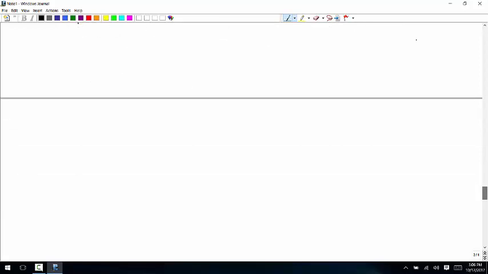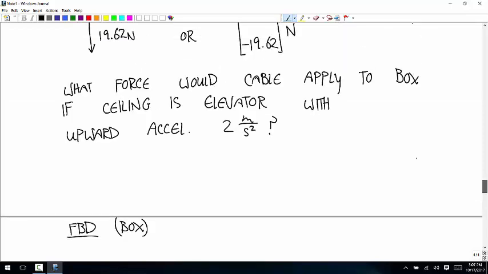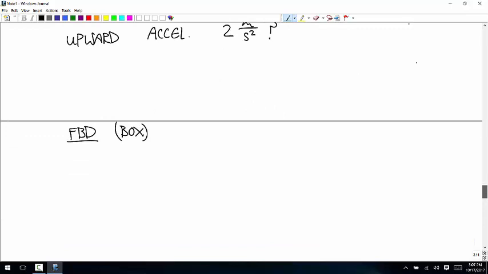Okay, so now let's do the same thing, free body diagram of the box. We have a weight force of 19.62 again.